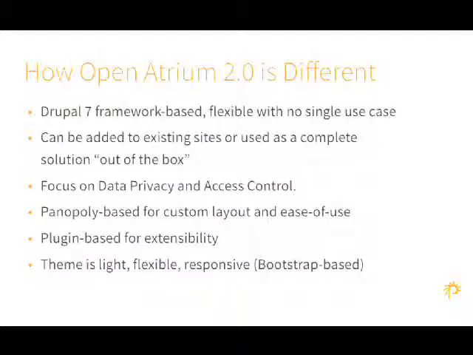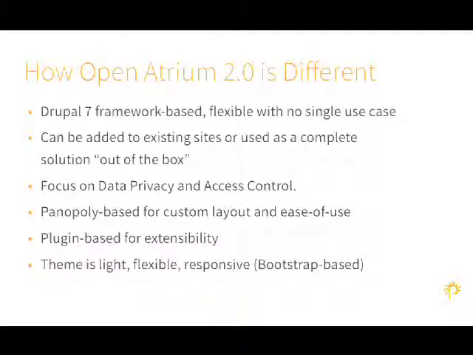So when we looked at Atrium 2, we started looking at how people used Atrium 1, but also what we wanted to do moving forward. Did we just want to port modules and call it done? We decided to use this as an opportunity, as we do in all of our D6 to D7 projects, to re-architect and make a best-in-class solution. I came in, I was not involved in Atrium 1, and we started from scratch.